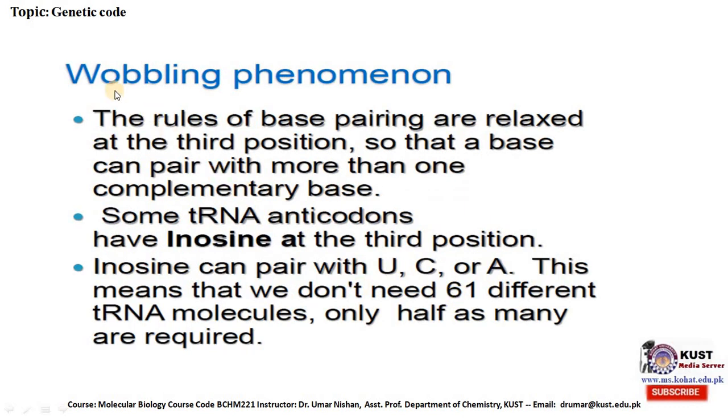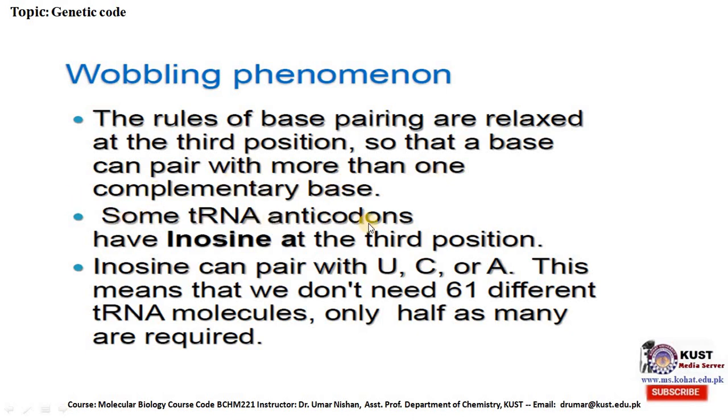Now, there is a phenomenon associated. It's called wobble phenomenon. The rules of base pairing are relaxed at the 3rd position so that a base can pair with more than one complementary base.